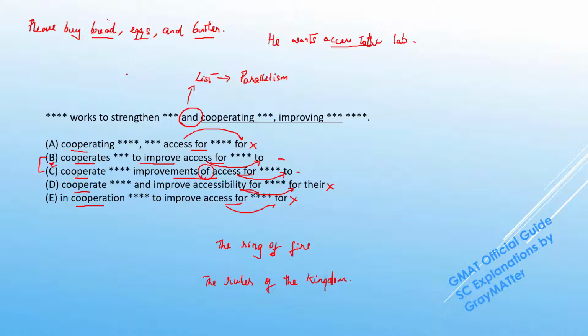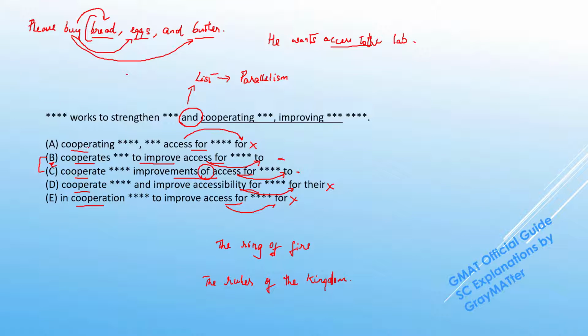But to deal with the list, we just need to understand exactly what is the starting point of the list. So this buy becomes the starting point because the meaning of this sentence is please buy bread, please buy eggs, please buy butter, right? So that's exactly why we can understand that this is a starting point.